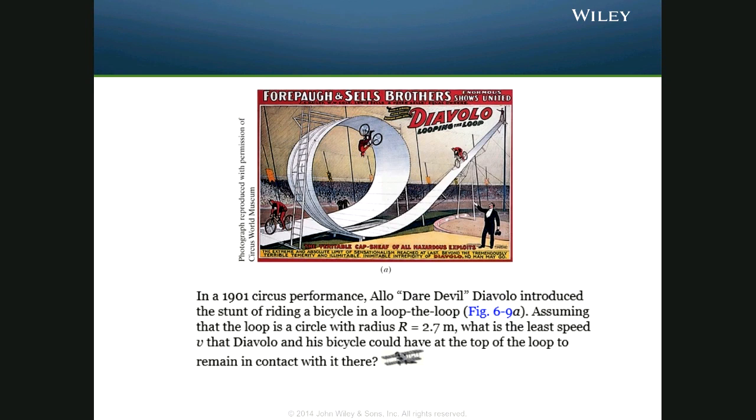So now, if you're going here at a loop, you'll notice with the picture, at the top of the loop, which is our area of interest, he's just about to come over, and he's got to just clear the loop, but you'll notice he's on the inside, not on the outside like the last one. So in this example, Fn is going to be down.